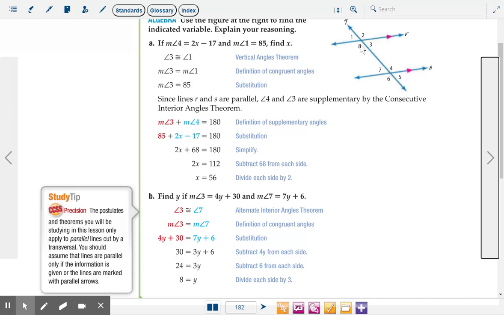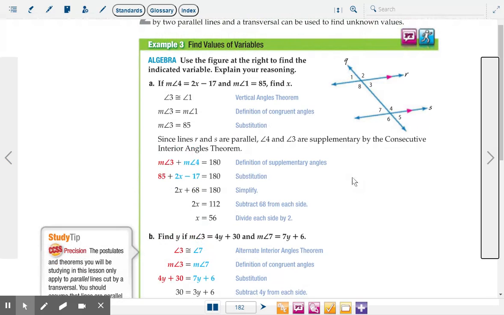Okay, different situation. We're going to use the same picture, but different situation. This time, it says if the measure of angle 3 is this 4y plus 30, the measure of angle 7 is this thing, find y. Okay, well, let's see. 3 and 7, do they have a special relationship? Sure, they are alternate interior angles.